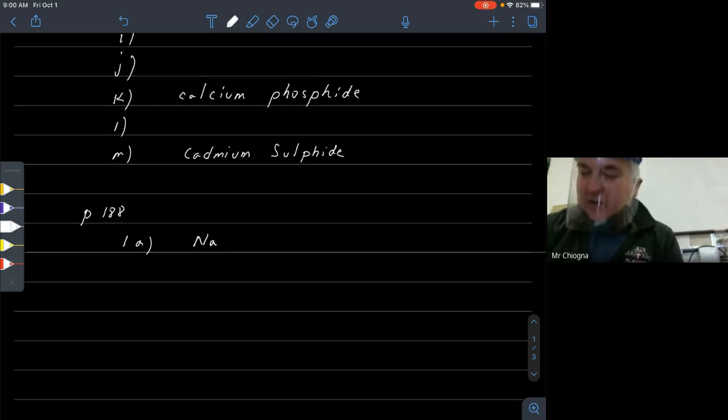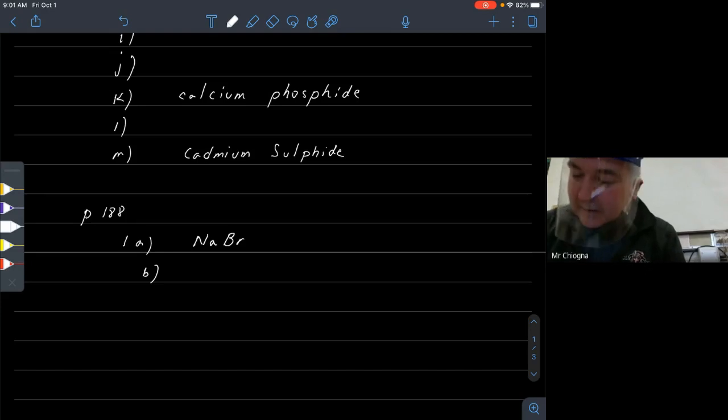If the charge is the same, you just write down the symbols. Okay? If it's a +1, -1, if it's a +2, -2, just write down the symbols. In this case, it's a +1, -1. Just write down the symbols, NaBr.